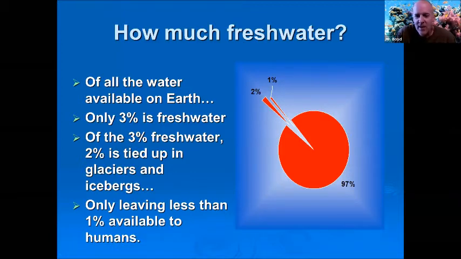We can't drink the glaciers in Antarctica and the Arctic areas, Greenland, Iceland, places like that. So only 1% of the water on the planet is fresh water available to us. And that's something we know well here in the West.